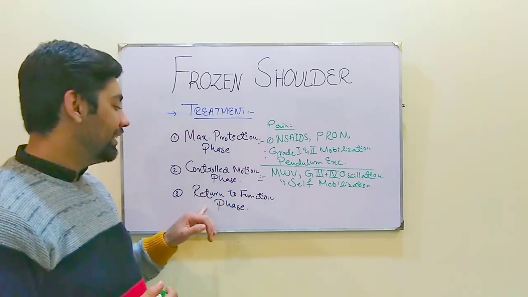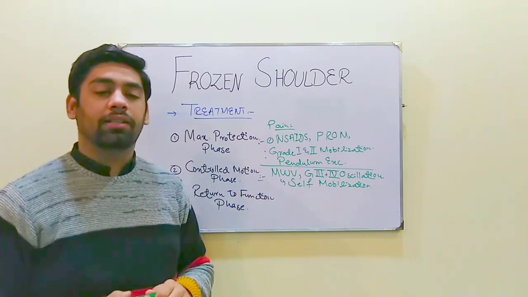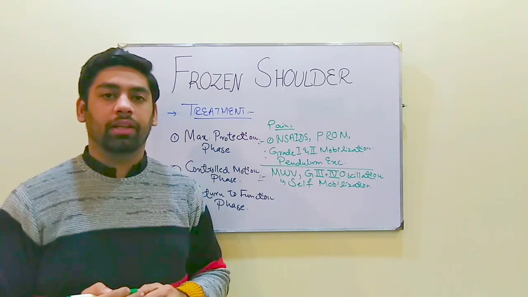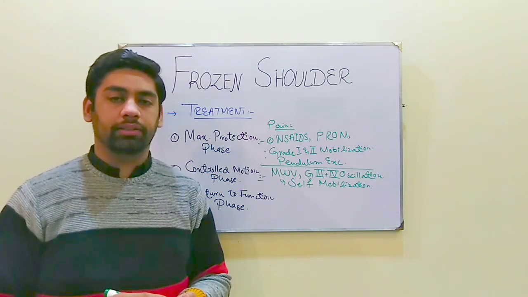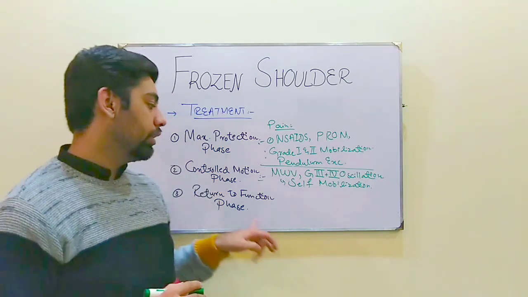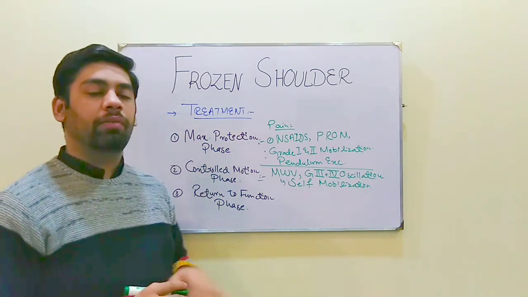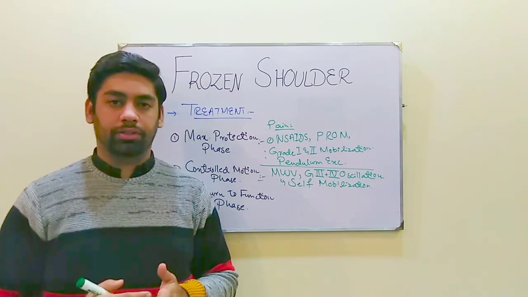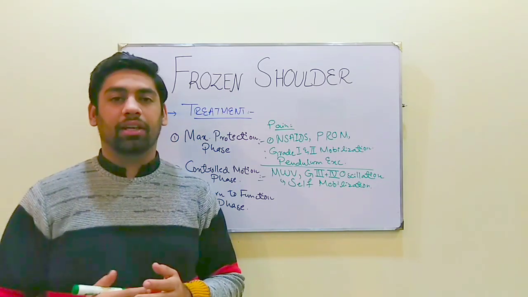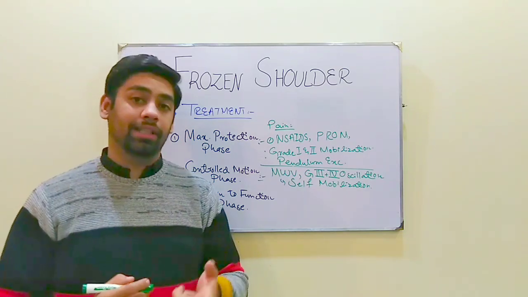Now talking about the return to function phase, this is the last stage of the frozen shoulder, and the patient is recovering from the disease. During this stage, our main focus is to strengthen the musculature around the shoulder joint and to stretch to prevent any further adhesions.